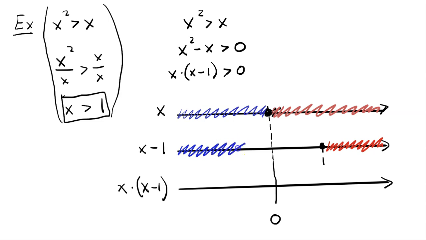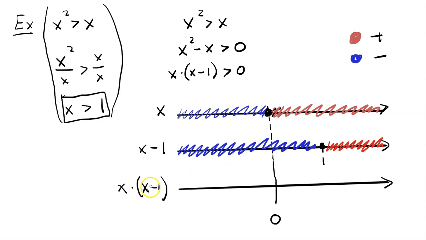So here we have blue for negative and red for positive. So let's just make that clear. So this means plus. This means minus. Okay, so to the right of 1 we have plus, and to the left minus.